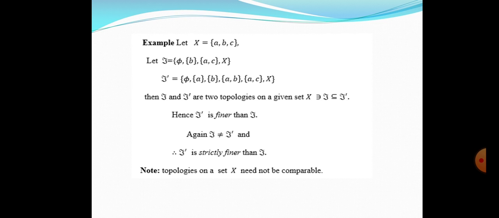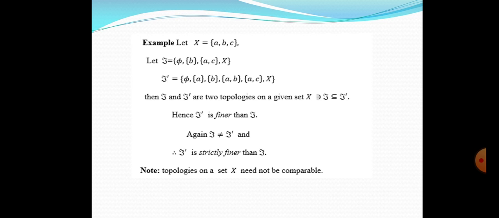Tau dash equal to {empty set, {a}, {b}, {a, b}, {a, c}, the whole set X}. Then tau and tau dash are two topologies on a given set X such that tau is a subset of tau dash. Hence tau dash is finer than tau. Again, tau is not equal to tau dash, and therefore tau dash is strictly finer than tau.